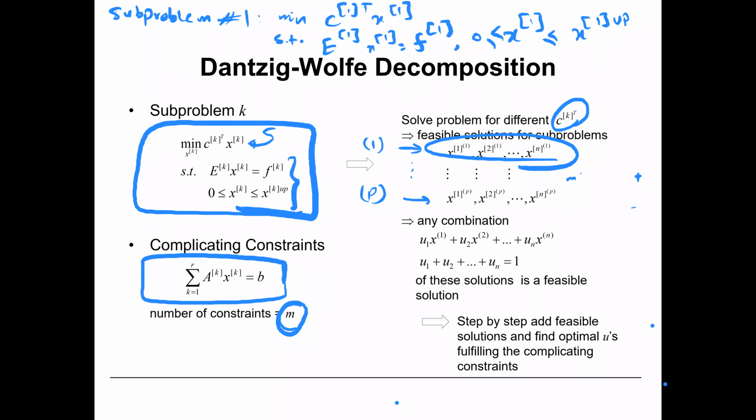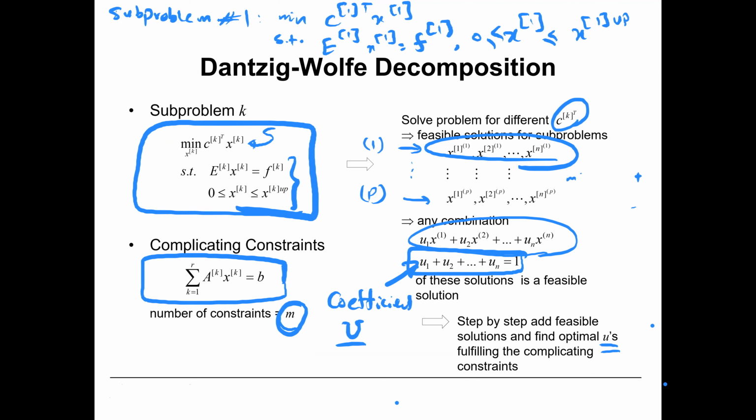Because we are dealing with a linear optimization problem, if you use a convex combination, which means you have a set of coefficients that their summation is equal to 1, of the existing generated solutions, then the new solution is going to be feasible as well. Then we use a step-by-step procedure to add feasible solutions and find optimal values of these coefficients that helps you to fulfill the complicating constraint.